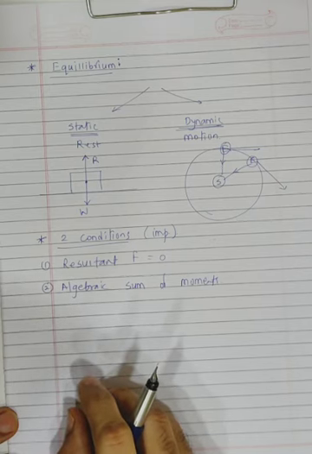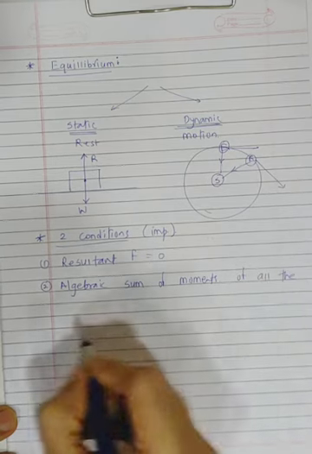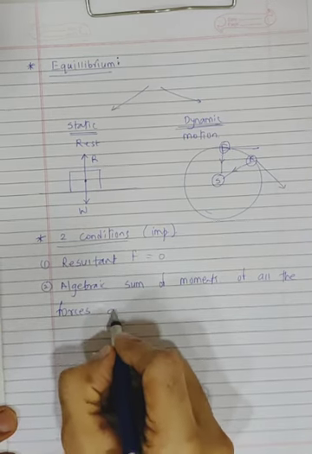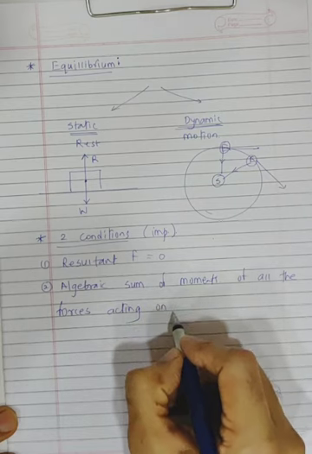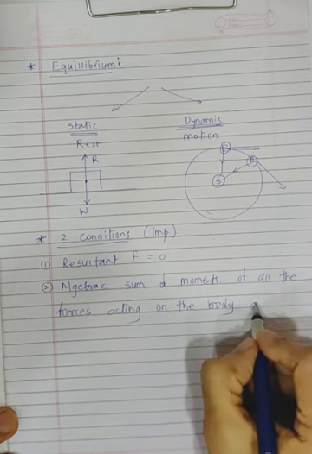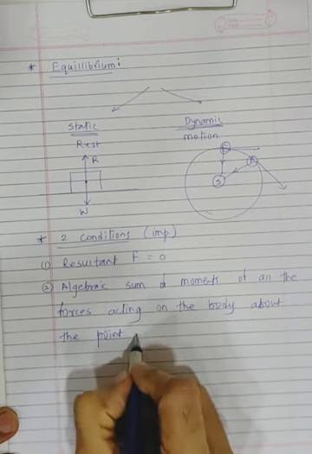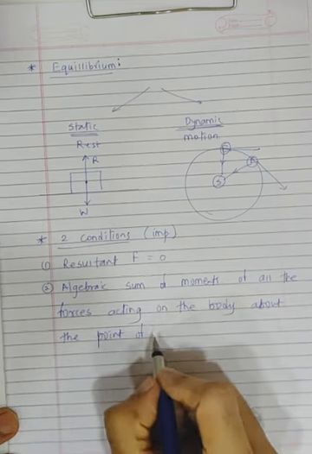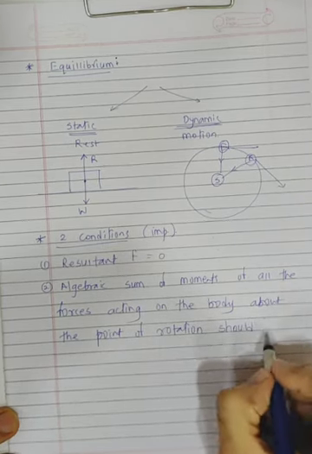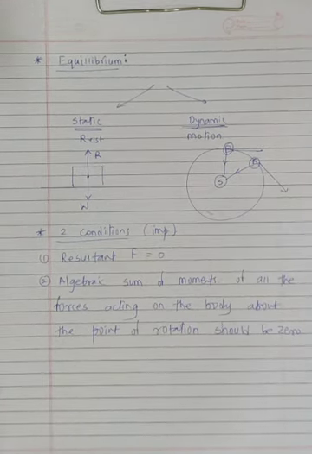So if the algebraic sum of moments of all the forces acting on the body about the point of rotation is zero, then only we say that it is in equilibrium.